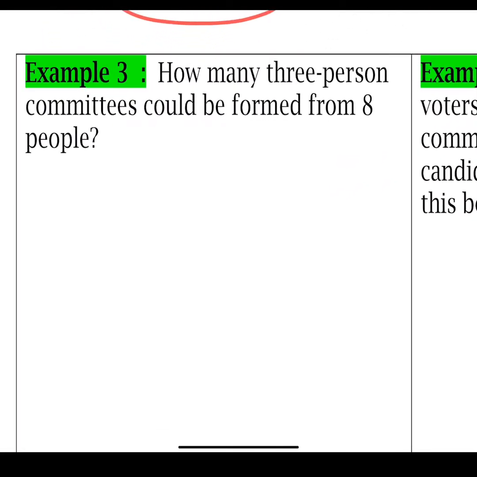How many 3-person committees? Every time you see the word committee, it's a combination because it doesn't matter who is who. It's just a committee of 3 people where all 3 people are equal. I'm forming a 3-person committee from 8 people. Again, it's a committee, so it's a combination, 8C3. Now open up your Desmos, and we're going to see this in the Desmos calculator.